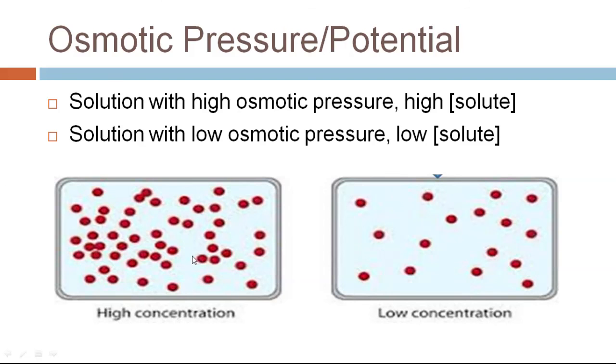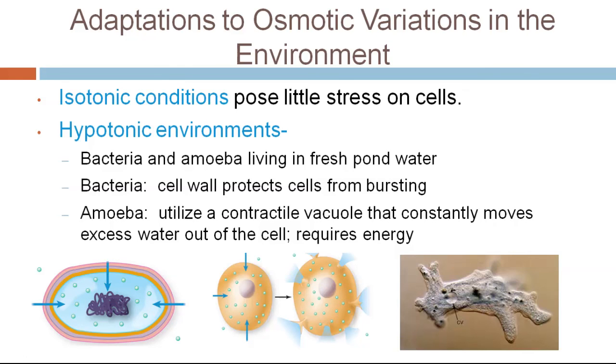Because there's not as many water molecules here, so it has the potential to pull water in. If you have a low solute concentration, you would have low osmotic pressure or low potential. Okay, it's not likely that water is going to flow this direction. Water is probably going to flow out.